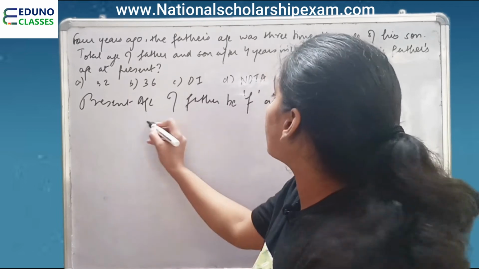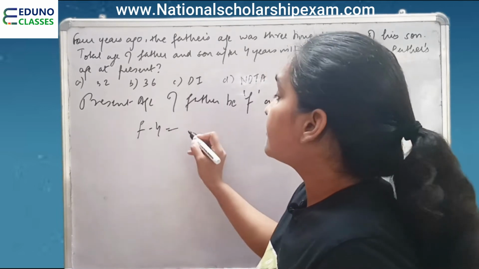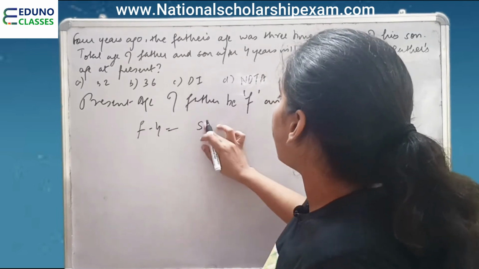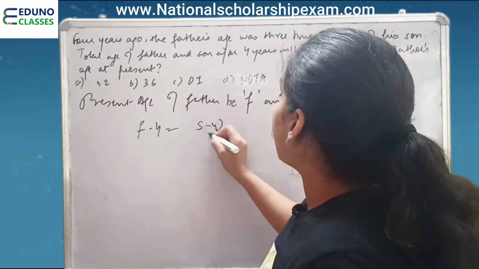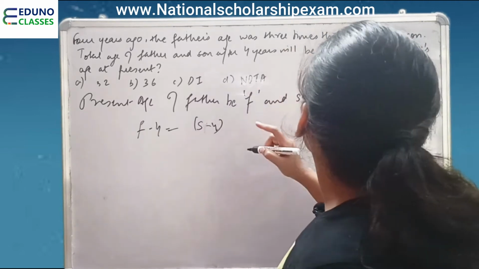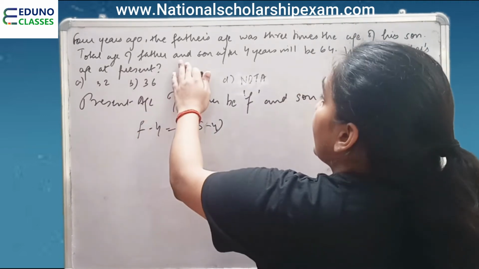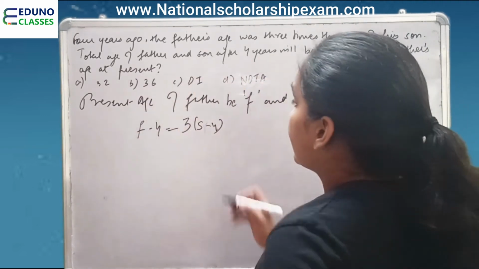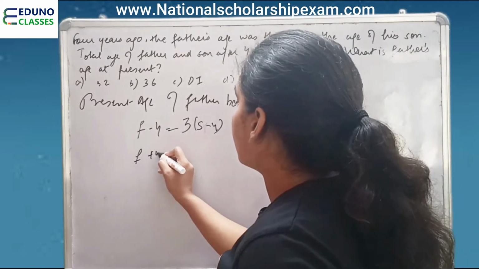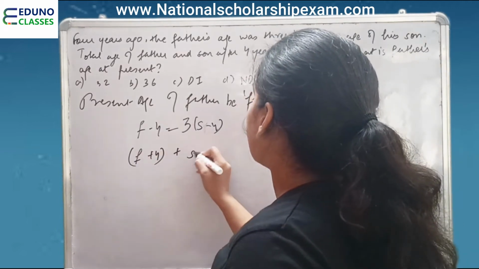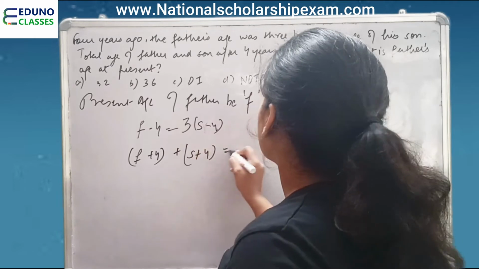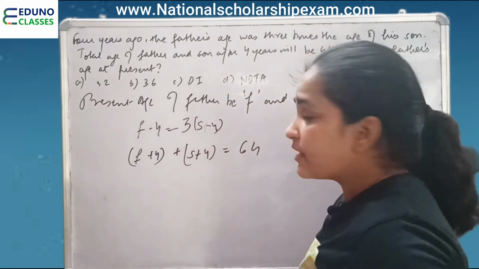Father's age 4 years ago will be F minus 4 and son's age 4 years ago will be S minus 4, and it is 3 times the age of his son. Now, the total age of father and son after 4 years, that means F plus 4 plus S plus 4, is 64. What is the present age of father?